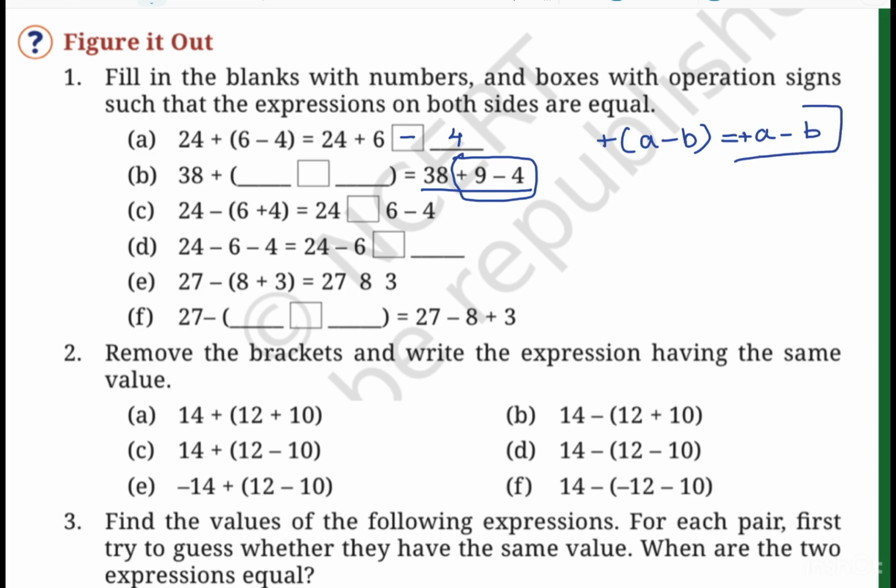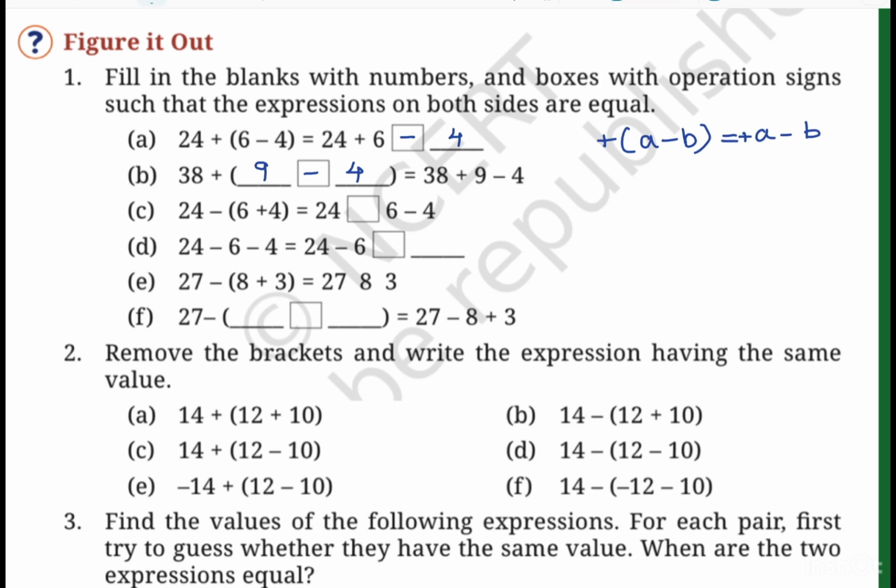So here this is in the form of plus a minus b. So there is a plus sign before the bracket and no change in the signs of the terms. So in brackets we can write 9 minus 4.